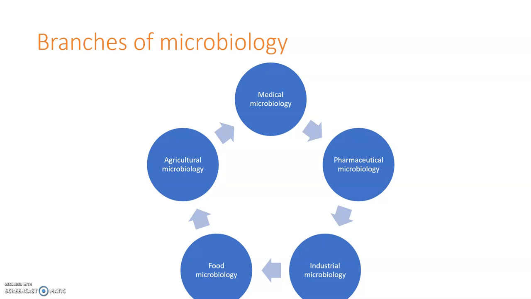Then environmental microbiology, the study of the diversity of microbes. Aquatic microbiology, related to aquatic microorganisms, and so on. There are several branches of microbiology. Of these, the major focus and the most relevant one at present is medical microbiology.